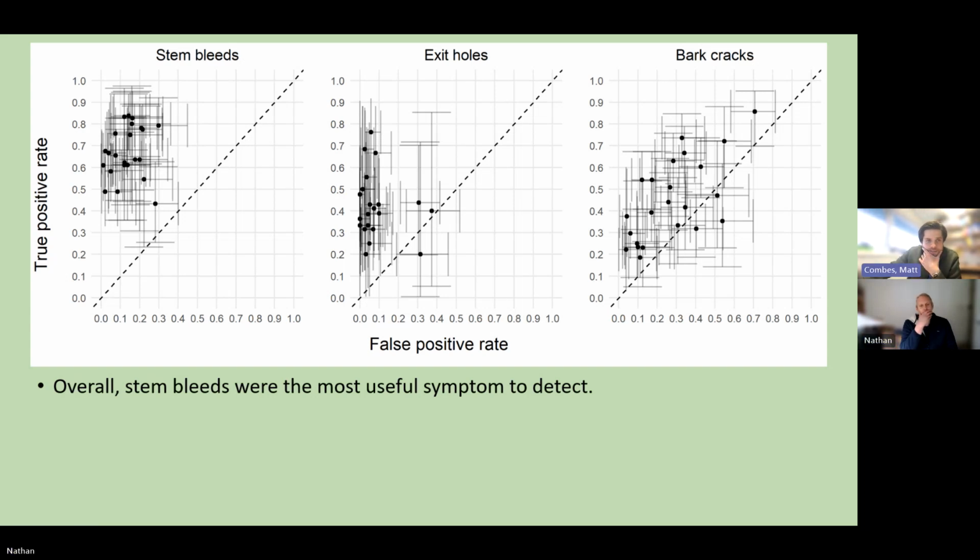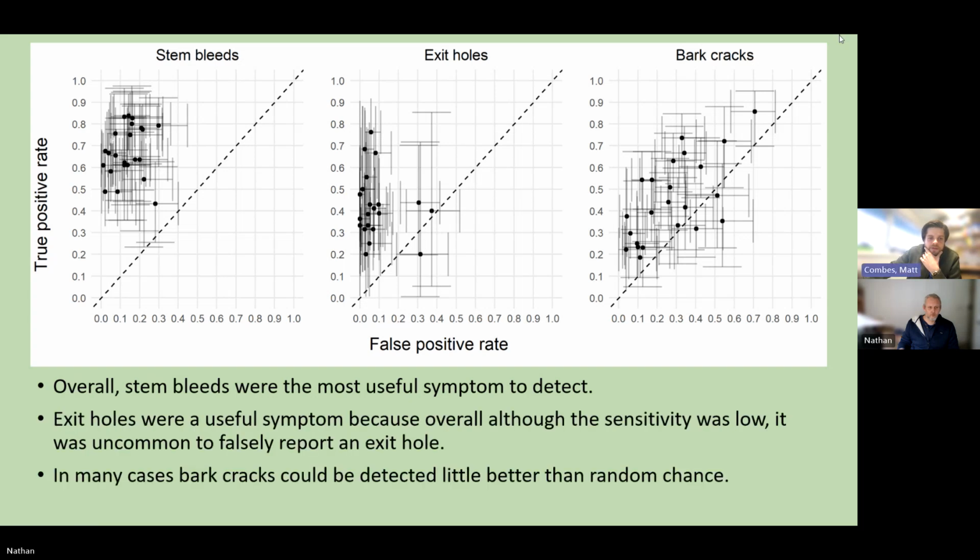And then if we click on to the next point, there's a bit of a lag on my computer here. There we go. So we can see that exit holes also fall above that dotted line because although they're really difficult to detect, as we all know from doing the surveys, it's uncommon to falsely report one of those exit holes.